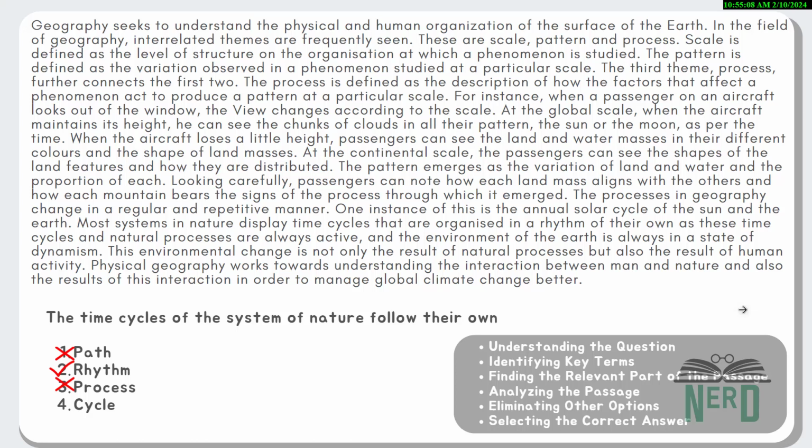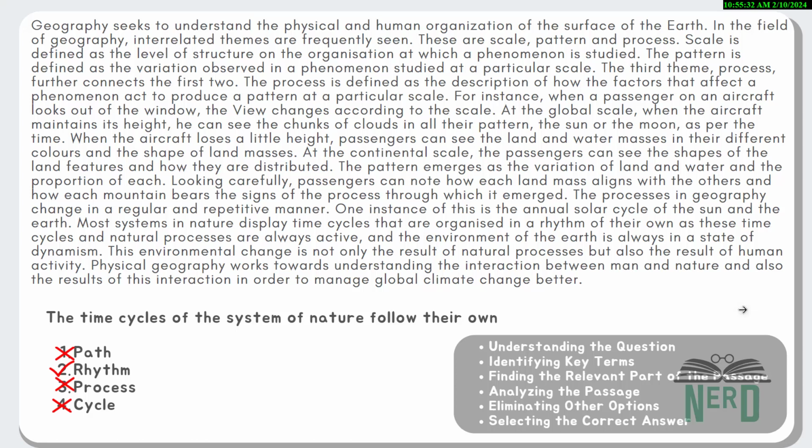Cycle is mentioned many times in the passage, but the question is about what the cycle follows, making cycle itself an unlikely answer since it would be redundant. It is already mentioned in the question, so cycle could not be the answer.